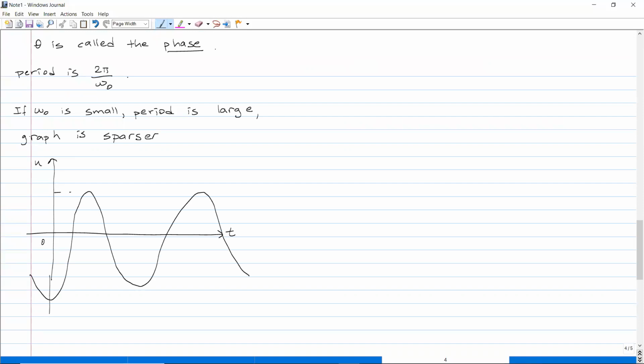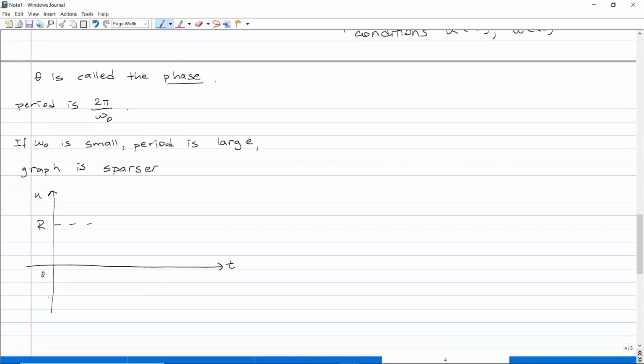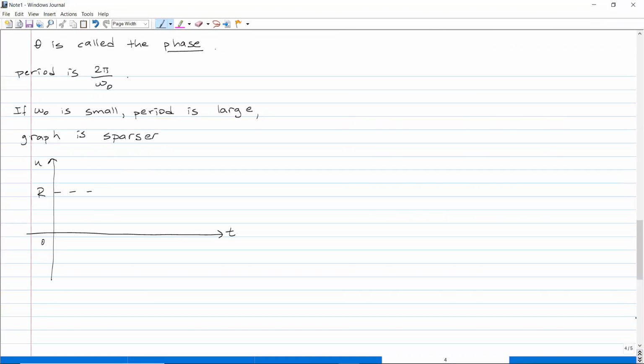Something like this. So amplitude is R, remember. I'm not doing a very good job of this, I'm sorry. Okay, amplitude is R, so from minus R to R, we have a certain period, which is 2 pi over omega 0.